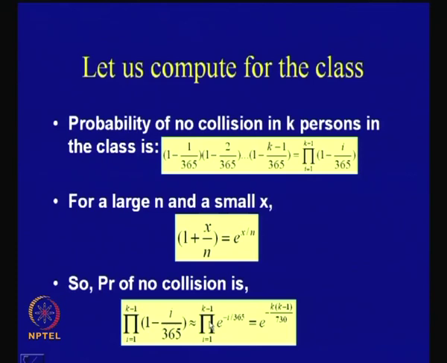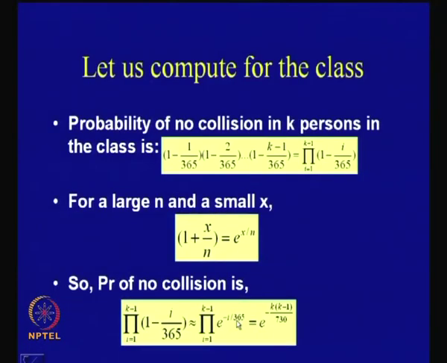This works out to e to the power of minus k into (k minus 1) divided by 730, because when we multiply these terms, in the powers we are actually doing a sigma.